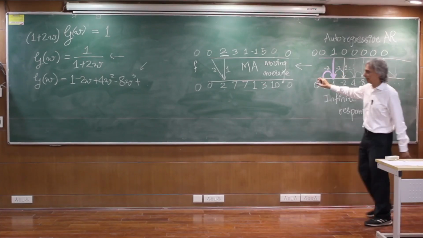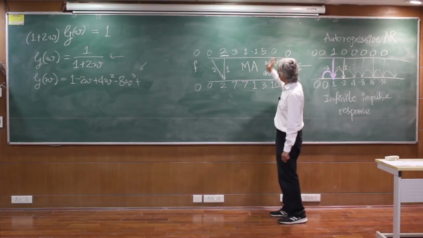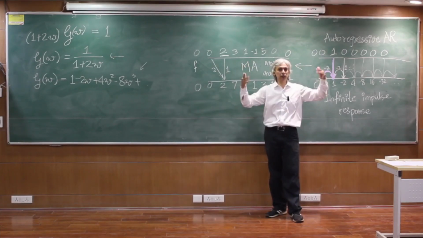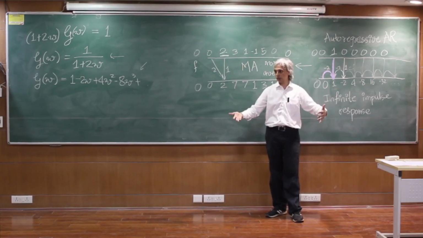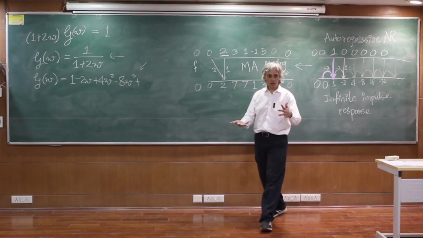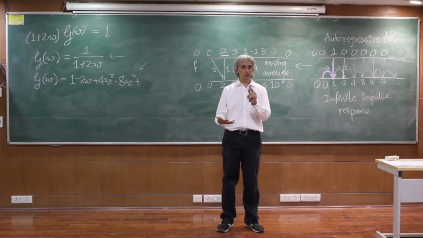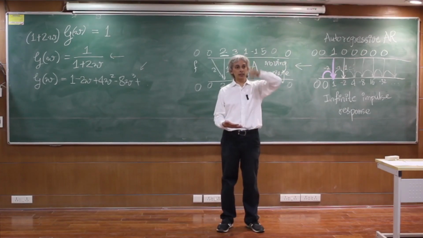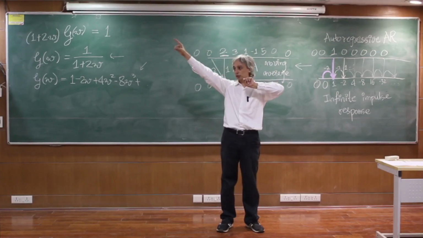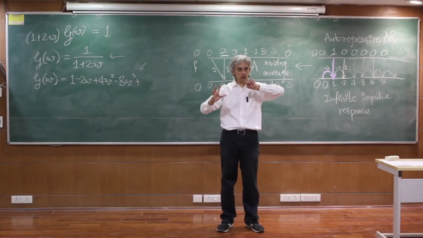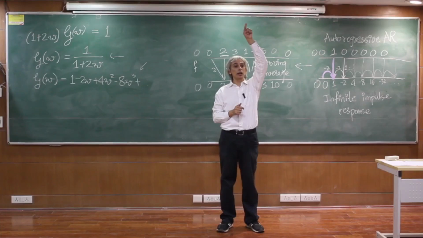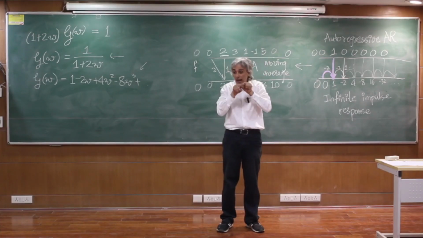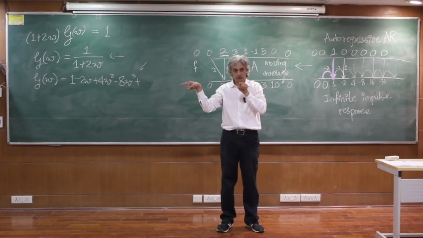Think of moving average as another kind of convolutional structure. Moving average takes a weighted sum of the present and the past inputs. Autoregressive takes a weighted sum of the present input and the past outputs.